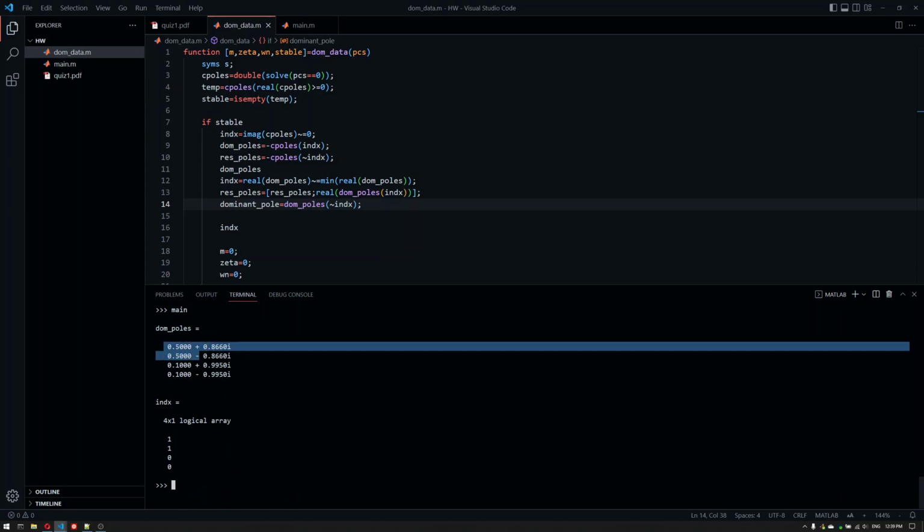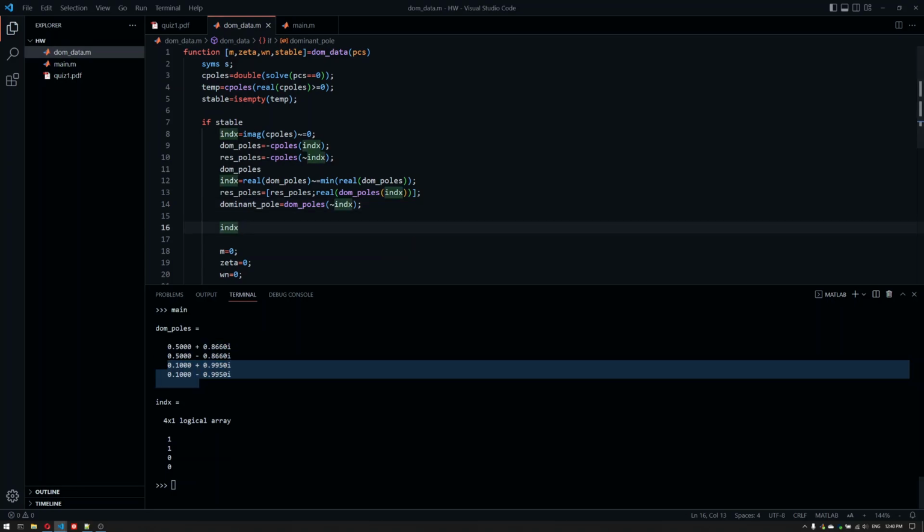Now you can see I'm basically referring to 0.5 because that's not minimum, but this is minimum. So if I take the inverse, this will be 0, 0, 1, 1. If not, it is 1, 1, 0, 0. So I'm separating this. I'm taking the dominant pole here. So let me show you that one too. So what is res poles and what is dominant pole now after this separation here?